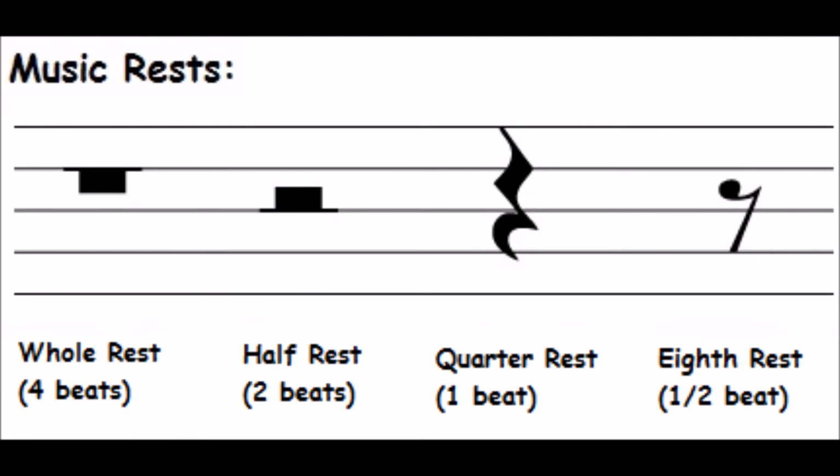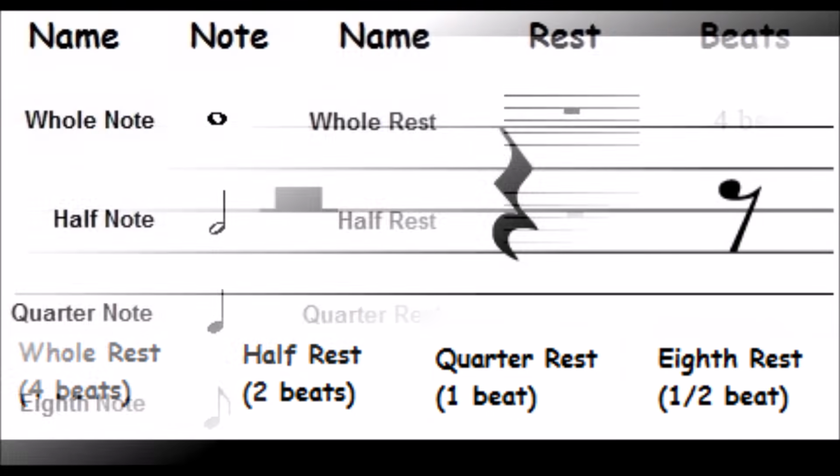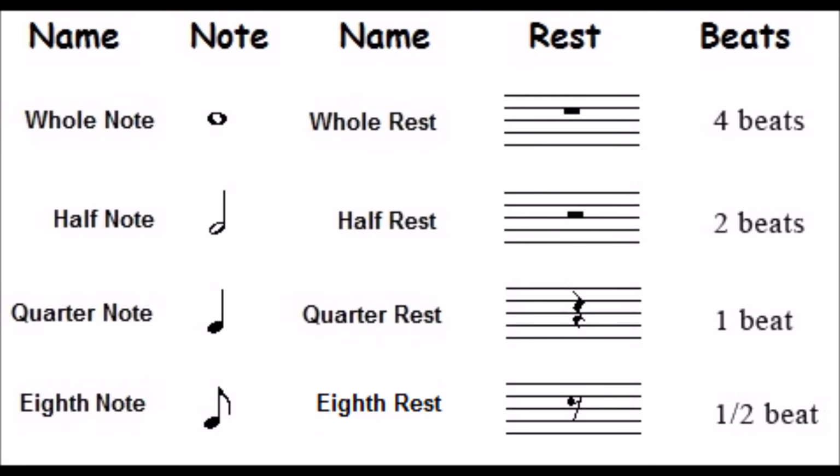In other words, a rest tells a musician to stop playing for a specific amount of time. The period of silence will be of the same duration as the note to which it corresponds.